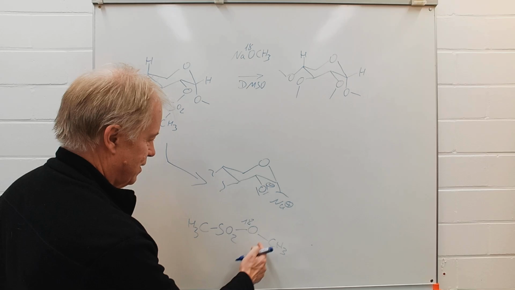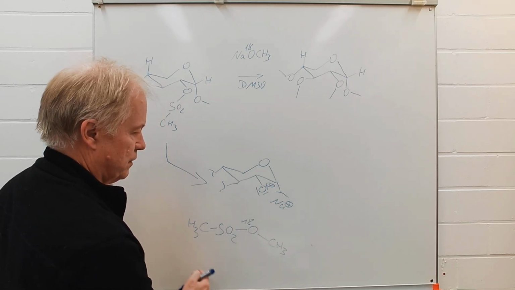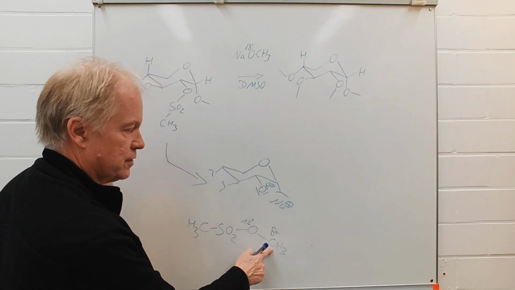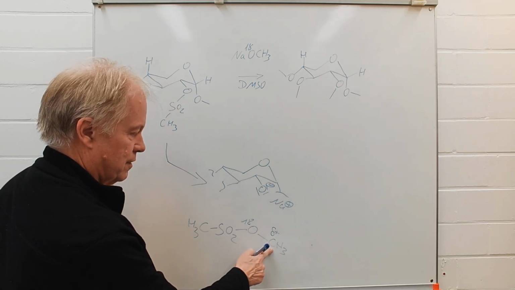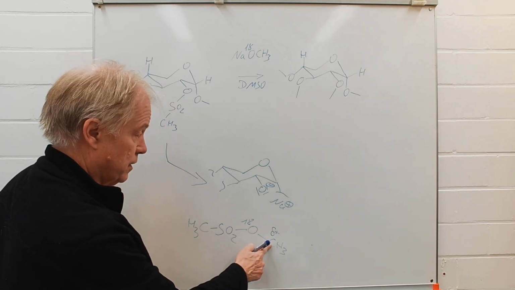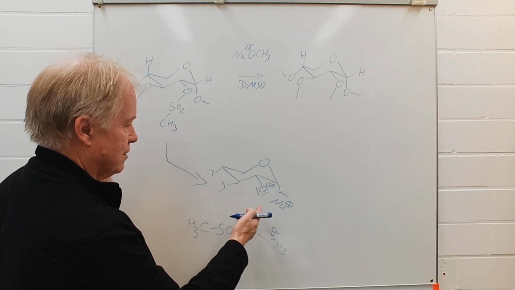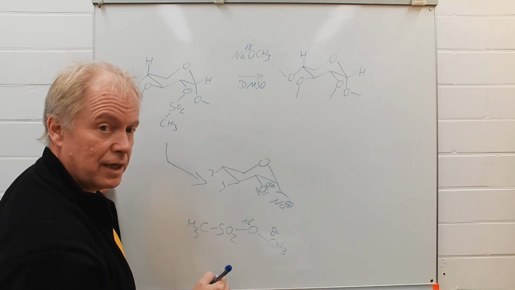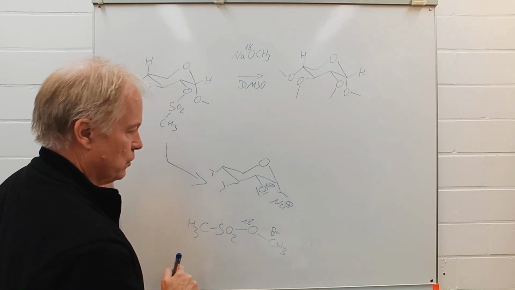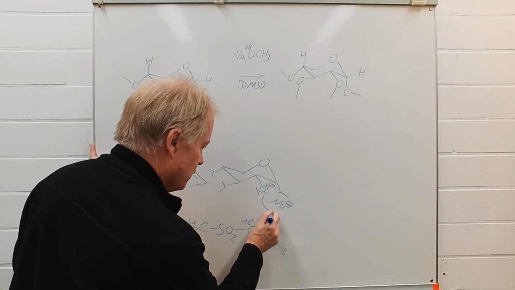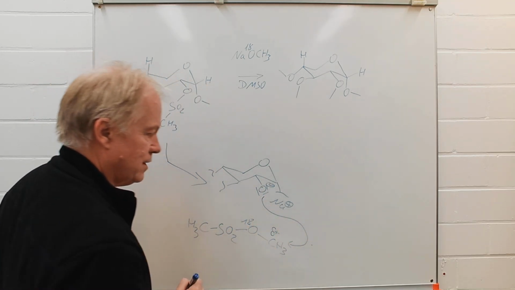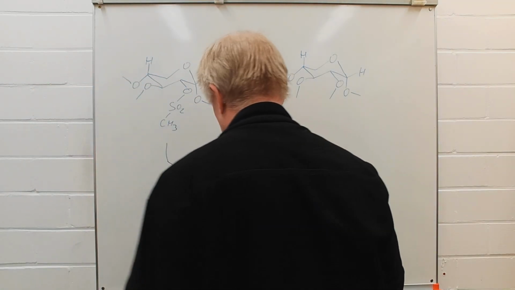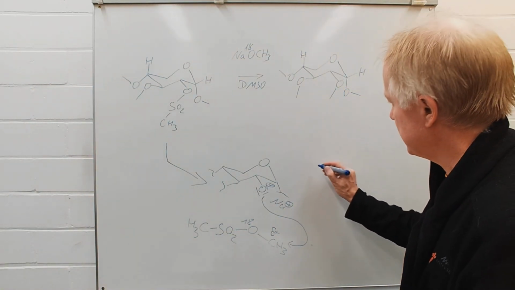Now, here we have a typical leaving group and a positively polarized carbon there. This is now the electrophilic center, and this is within one solvent cage together with this sodium alcoholate. So this could react in an SN2 process, substituting that sulfonate.